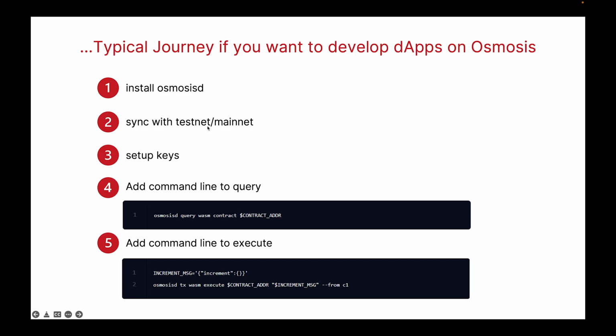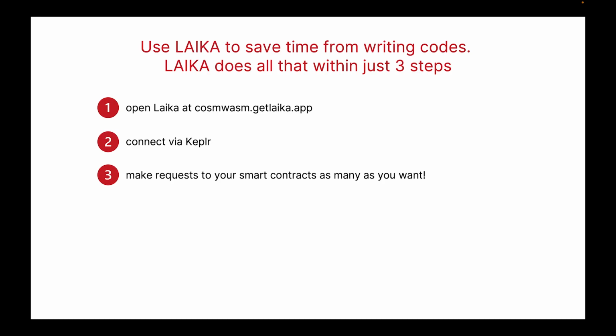You have to sync with the testnet or the mainnet, and then you have to set up your keys to interact with a smart contract. And after you've done all that, every time you want to make a request, you have to use the command line, which is not a bad way, but if you want to quickly test something out, using Laika will be much faster.